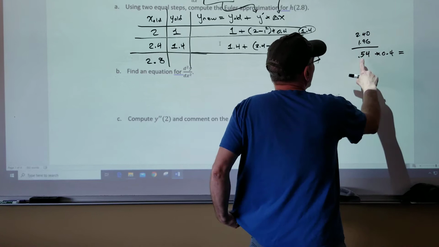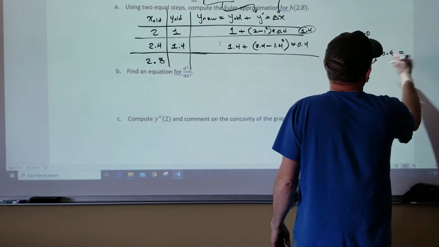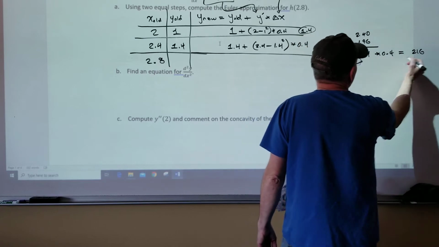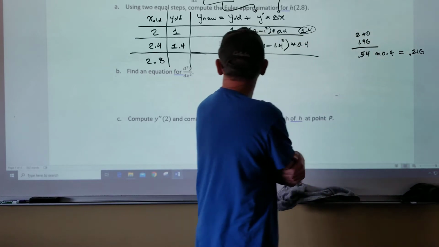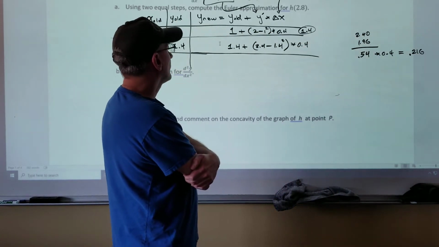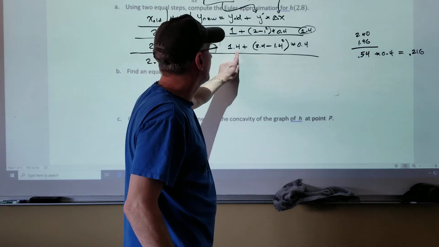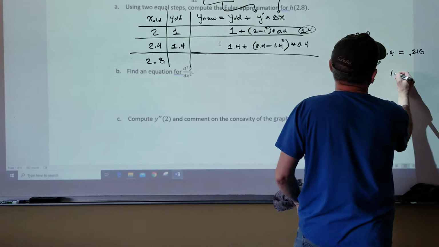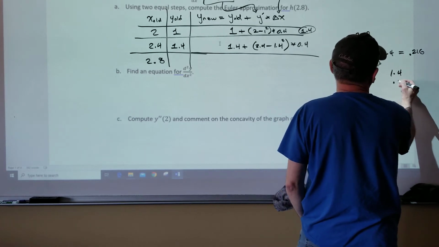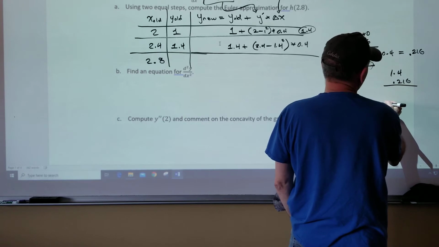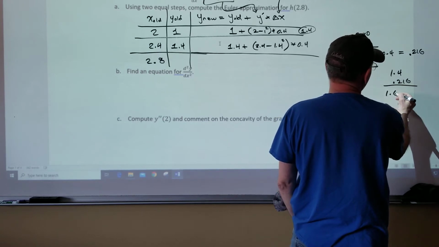And that's going to make 216 with 1, 2, 3 decimal places. And then you're going to have to add that back to 1.4. So 1.4 plus 216 gives you, this doesn't feel right, but I'm getting 1.616.